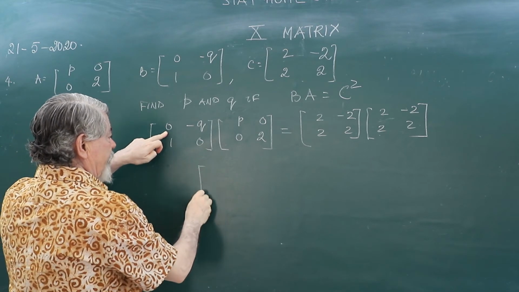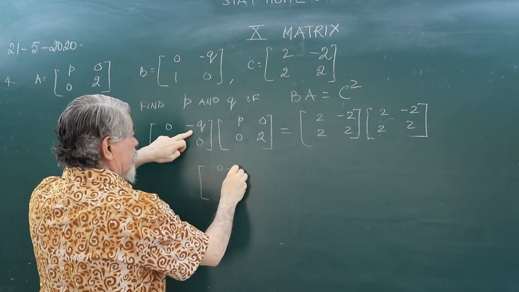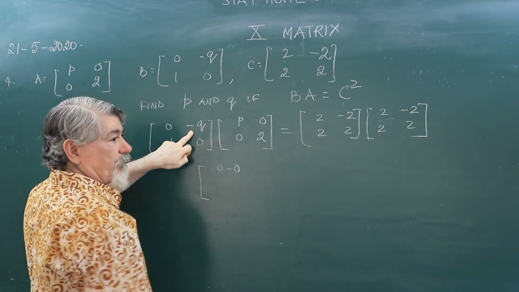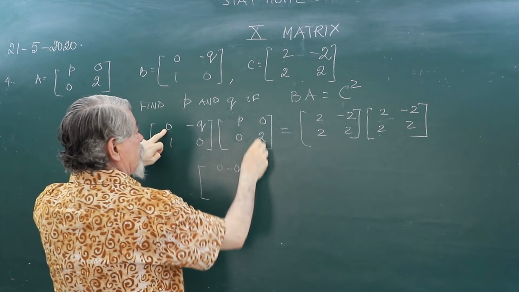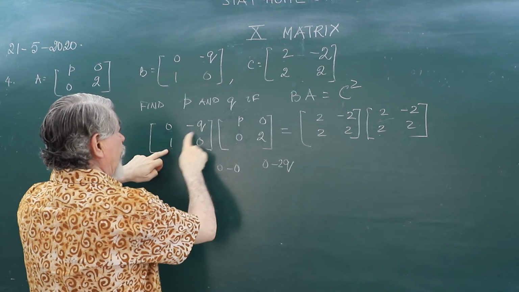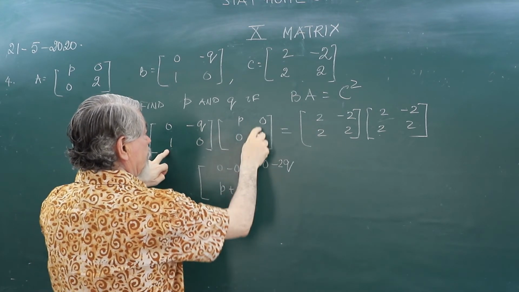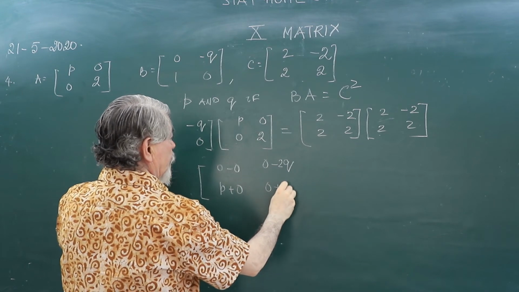So on this side, if I multiply 0 into P is 0, minus 0, because minus Q into 0 will be 0. 0 into 0 is 0 and minus 2Q. 1 into P is P plus 0. 1 into 0 is 0 and 0 into 2 is 0.